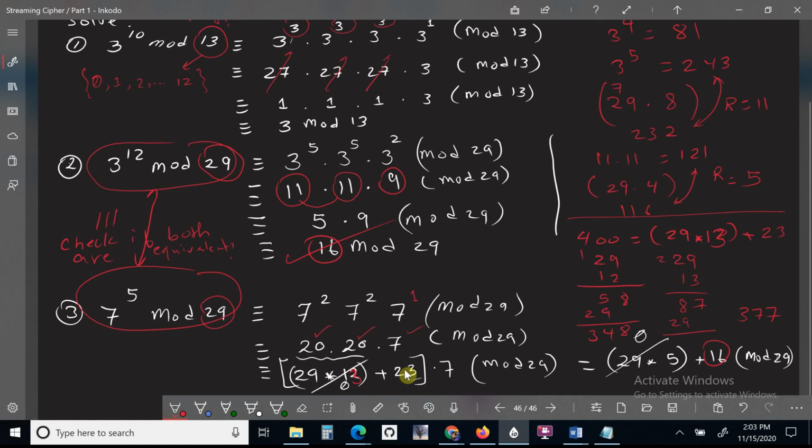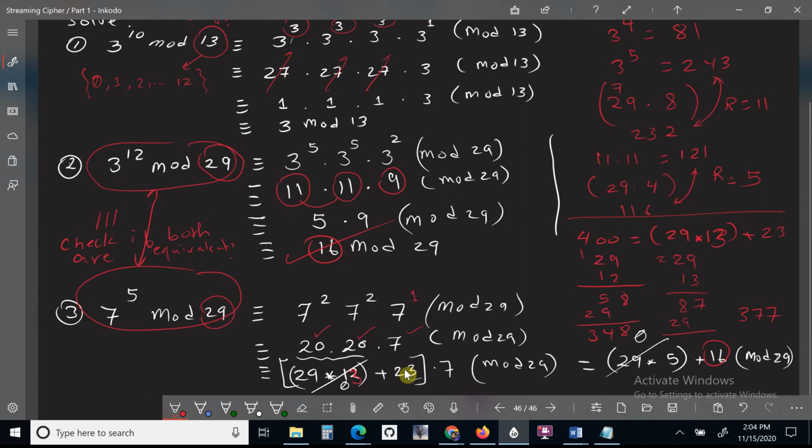So basically here, because we have two numbers, we have 7 mod 29, so actually we have to multiply it. Okay, all right, so let me just erase here. So that's 29 times 5 plus 23. Okay, so that's 23.